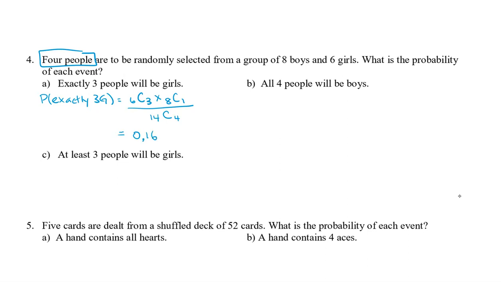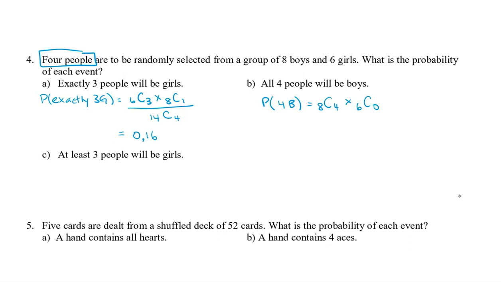All right, let's do a couple more. So all 4 people will be boys this time. So the probability of 4 boys, we want 8C4 because we want to choose all boys, times, just to make it consistent with the other questions, there are 6 girls and we don't want to choose any of them.